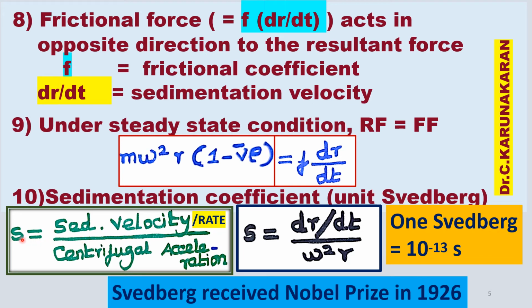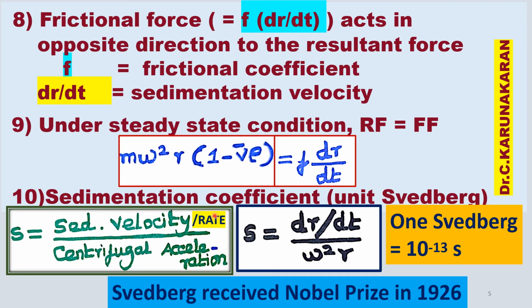The sedimentation coefficient of a given polymer of molecular weight is defined as the sedimentation rate or velocity per unit centrifugal acceleration. Therefore, S, the sedimentation coefficient, is equal to dr by dt, the sedimentation rate or velocity, divided by the centrifugal acceleration omega square r.